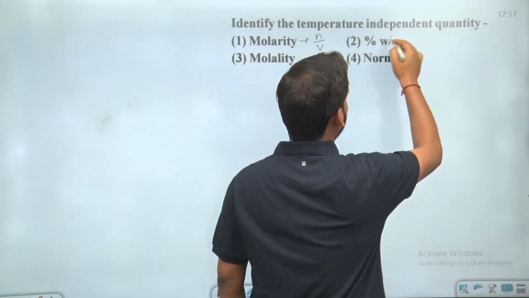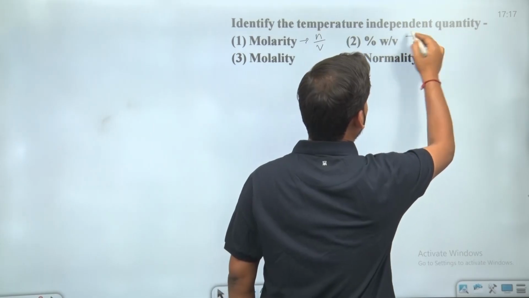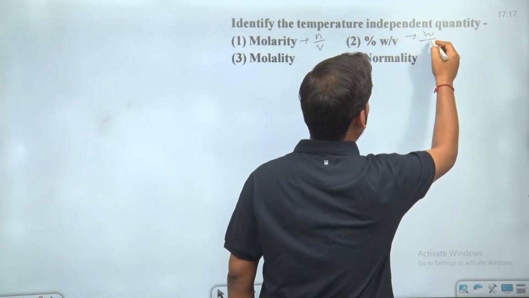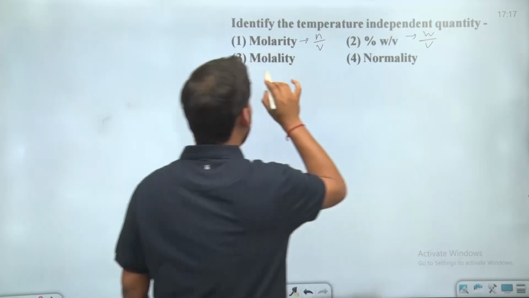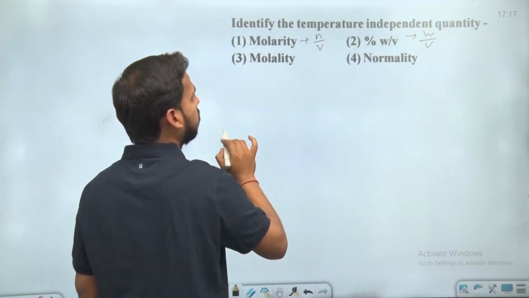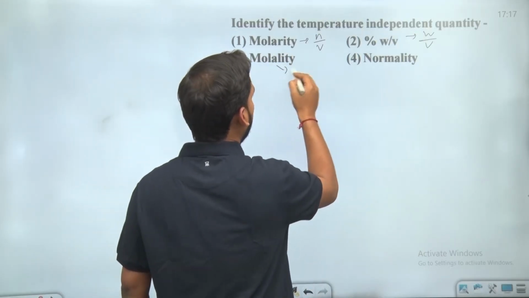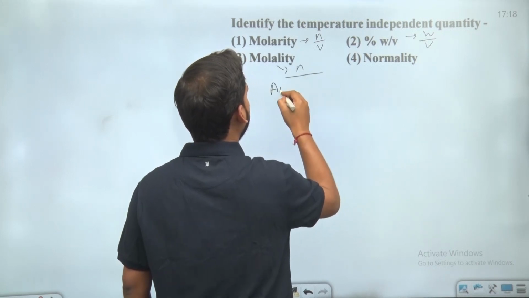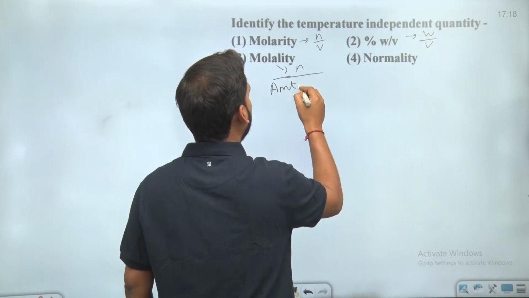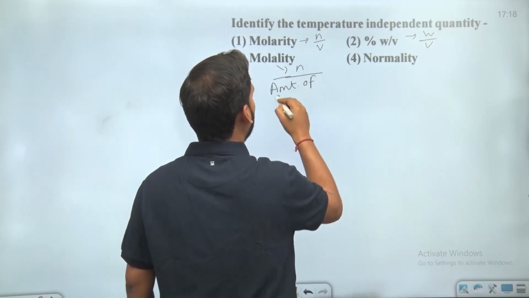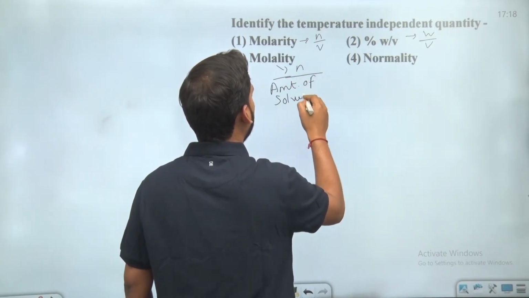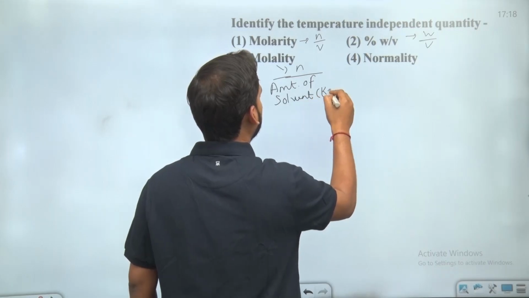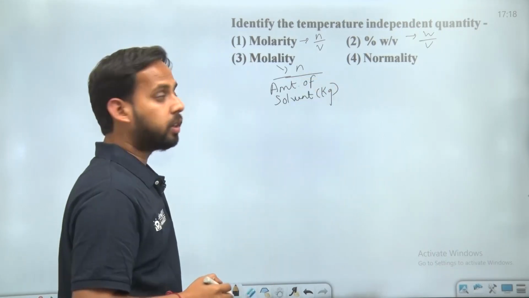Percentage weight by volume is the weight of the solute divided by the volume of the solution. Molality is the number of moles of solute divided by the amount of solvent in kg.